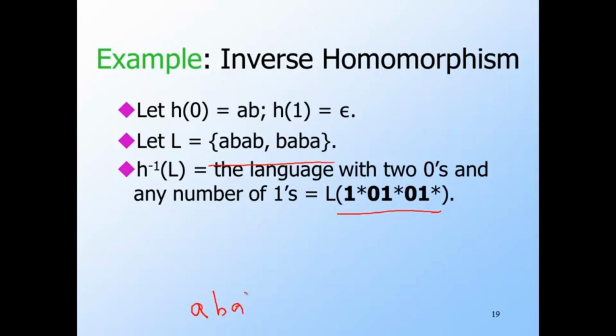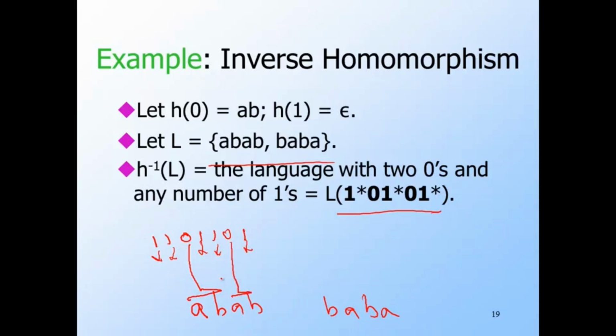Okay, ABAB and BABA. A string like 11011101 maps to ABAB. The ones disappear as they go to empty string, and the first zero goes to that AB, the second zero goes to that AB.